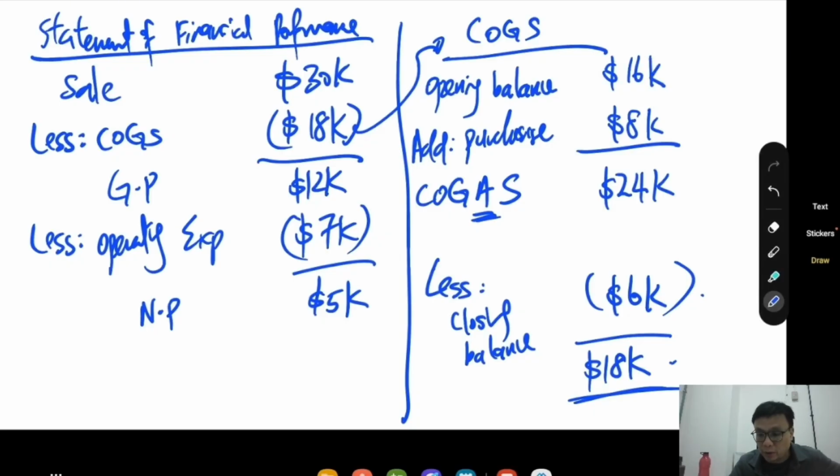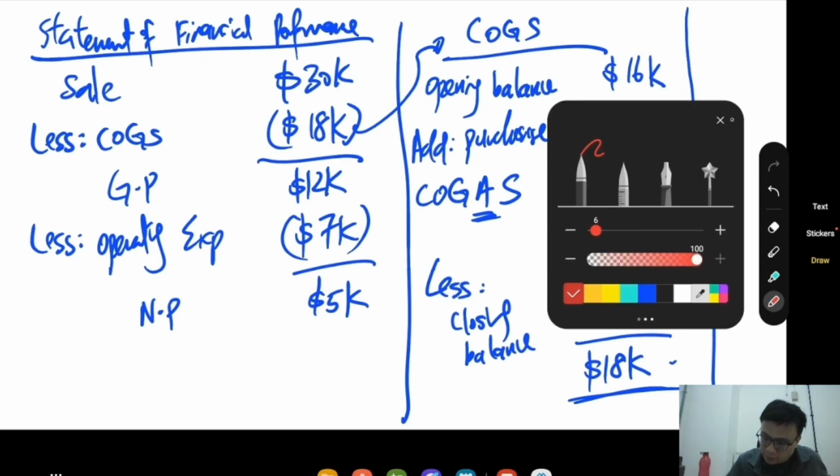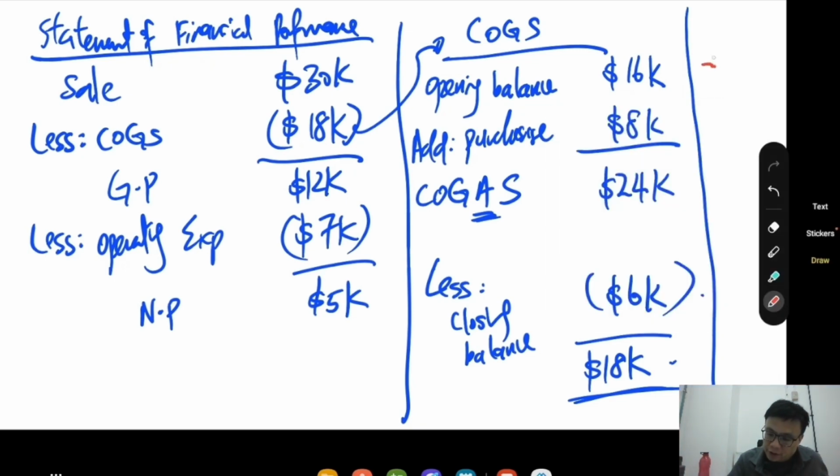So let us just run through a quick check to make sure that we are correct. 16 plus 8 gives you 24. 24, you less off 6, that will give you 18. Yep. So when we say that your opening inventory is overstated, perhaps instead of 16K it is 18K, you can see that the downstream impact, with all things being equal, is that here you will have 26K.